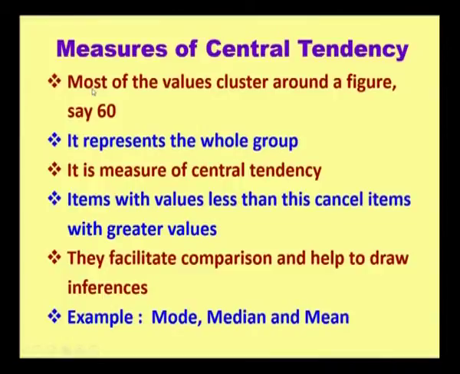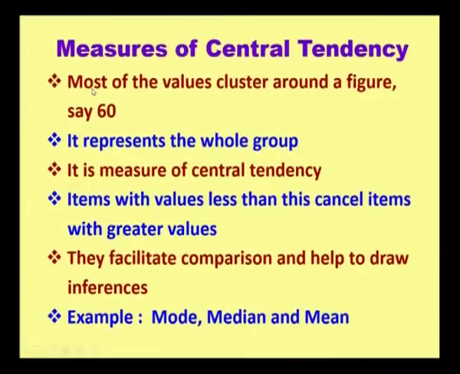And the items with values less than that cancel the item values greater than that. So, the values lesser and the values greater are all equally distributed, and therefore that is a central value, and that is called the central tendency.